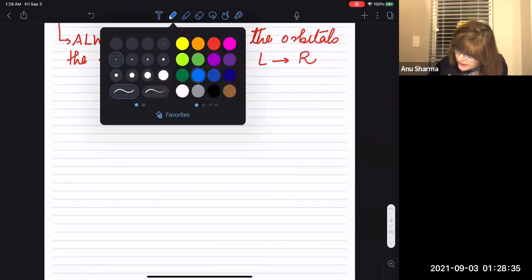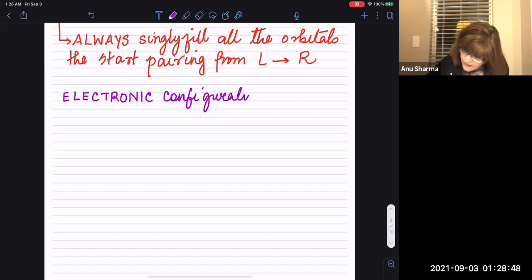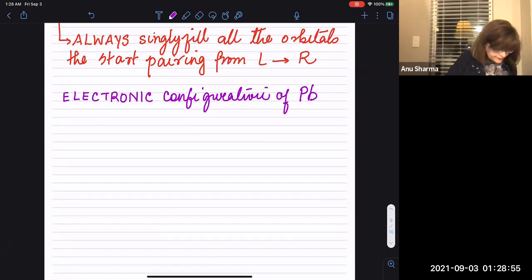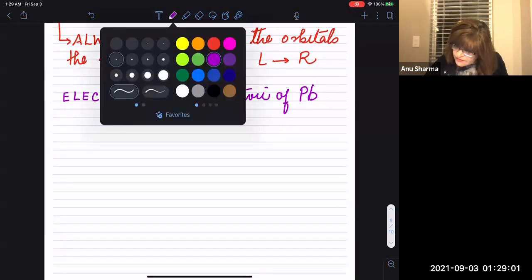Just want to do this for lead. So electronic configuration of lead. Okay, this is the last, and then we'll do the trends, and then we'll end.